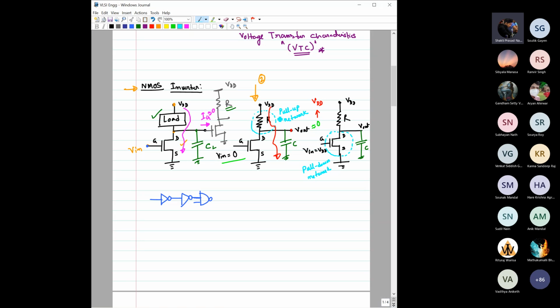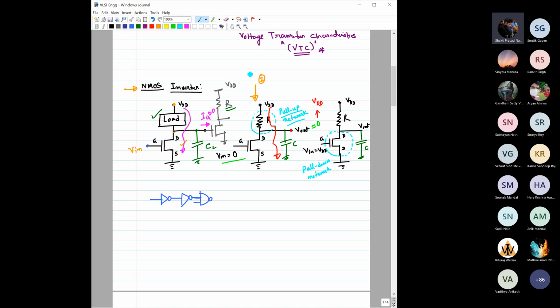Not only one resistor, it may be a combination of 2-3 components if you want. So this particular part is called the pull up network. You understand? This is the pull up network, because when Vin is equal to 0, this current flows through this and helps to charge this output capacitance, meaning it will try to increase the potential of this node from 0 volt to VDD, right?